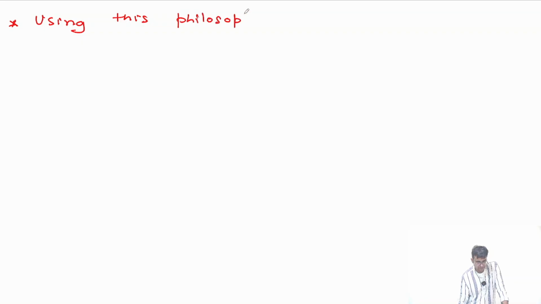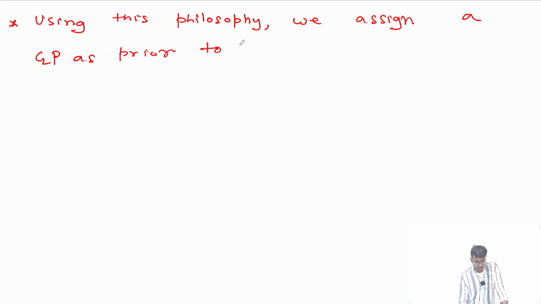So using this philosophy, we assign a GP, Gaussian process, as prior to y.